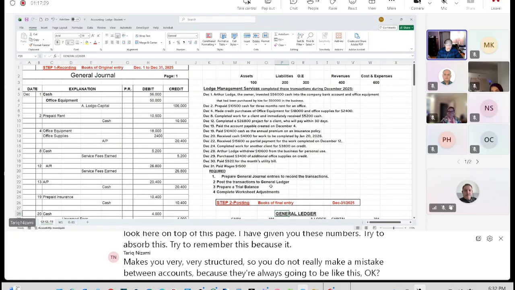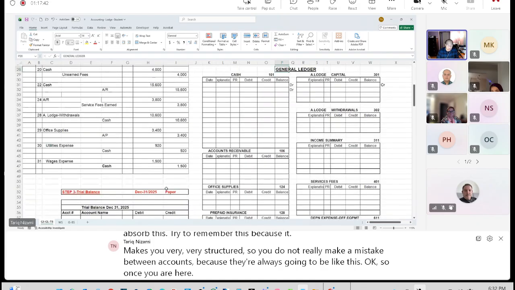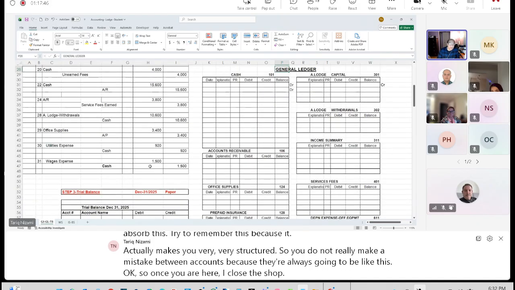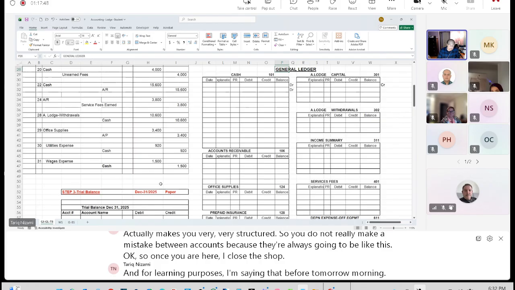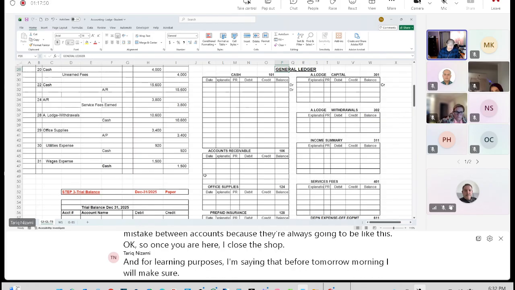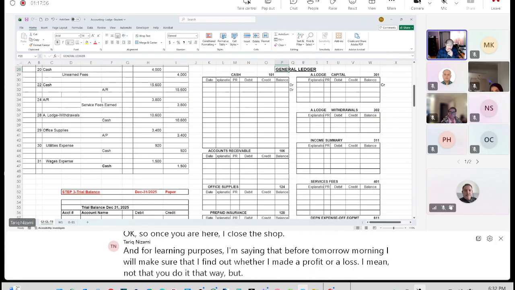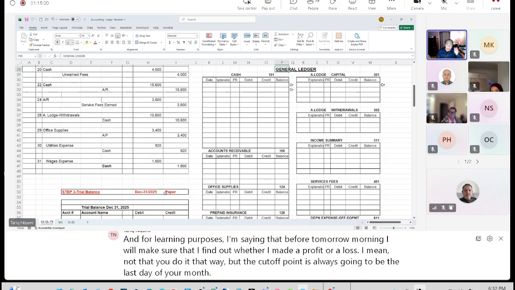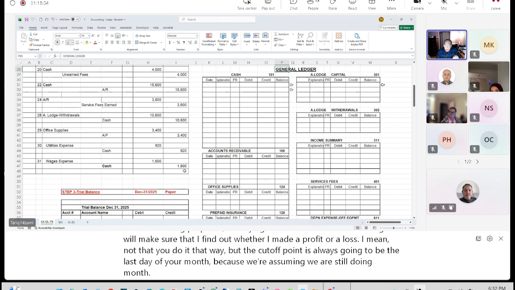Okay. So once you are here, I close the shop. And for learning purposes, I'm saying that before tomorrow morning, I will make sure that I find out whether I made a profit or a loss. I mean, not that you do it that way, but the cutoff point is always going to be the last day of your month, because we're assuming we are still doing monthly statements, okay?